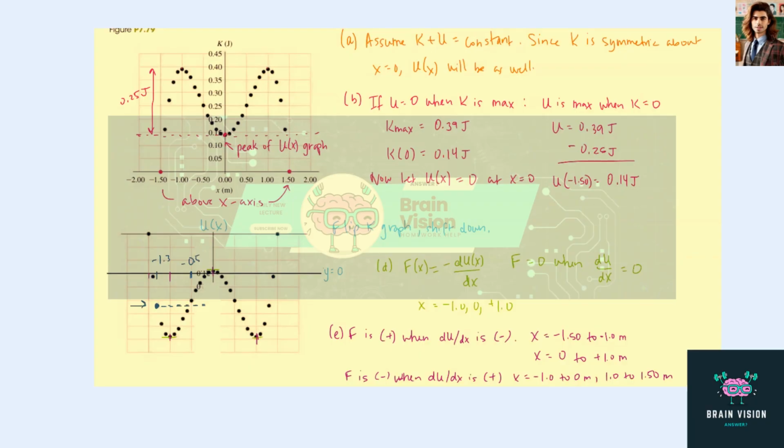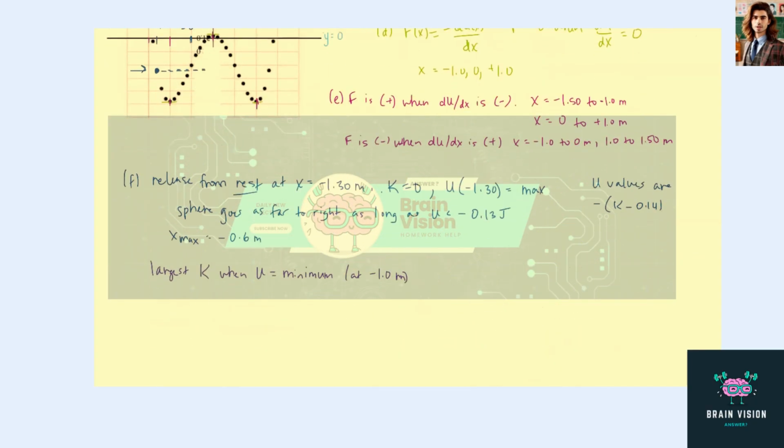We'll take our 0.39 minus 0.27 and we will get 0.12 joules.